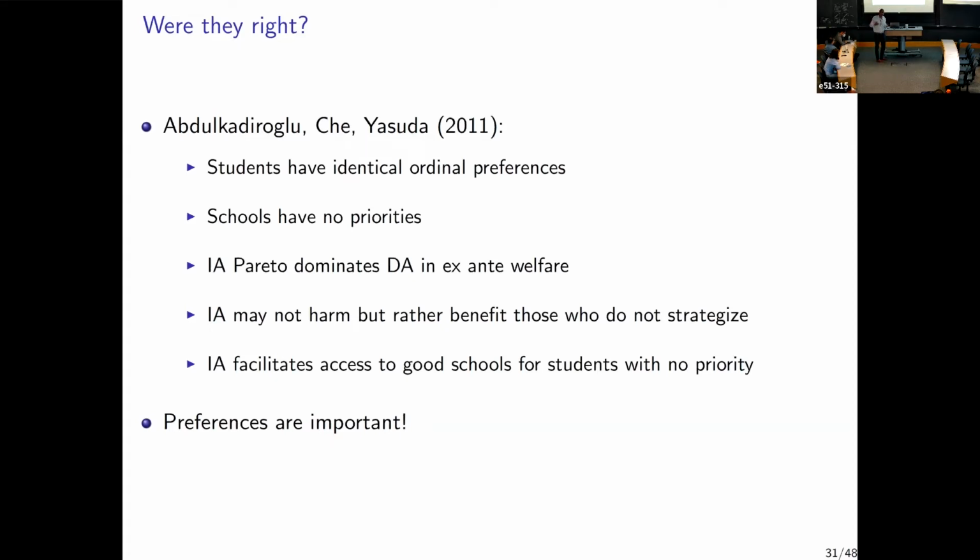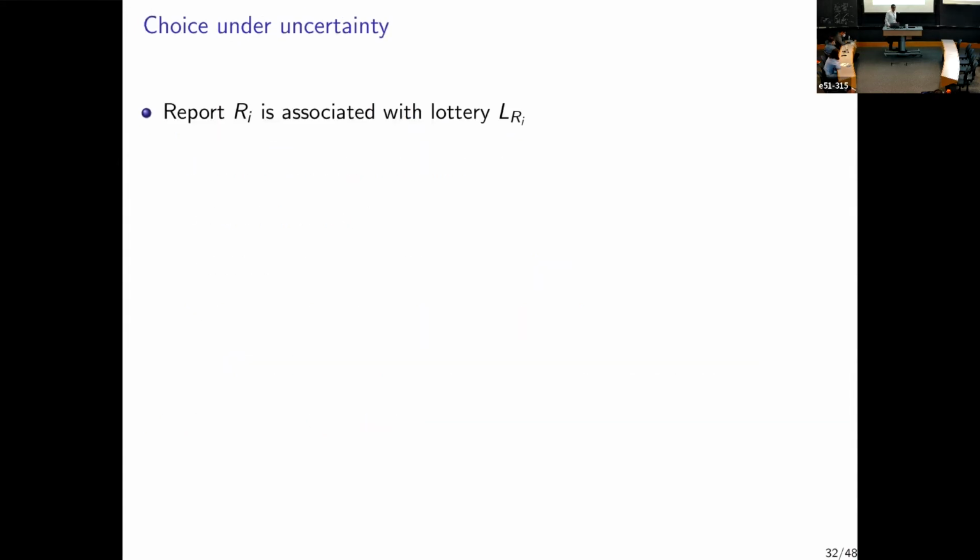And that tells us that estimating preferences is important to understand the benefits of one system over the other. Okay, so that's where we're going to go. We're going to basically build a framework that would allow us to estimate preferences when we have manipulable reports. Okay, any questions before I get into the nuts and bolts of the framework?